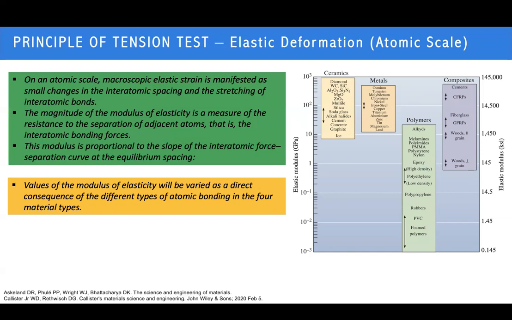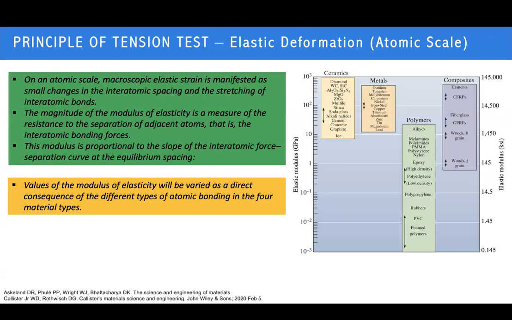That's why, if you want to stretch the bonding between two atoms, you have to give a high force, so they have a high Young's modulus. For metals, the bonding is metallic: the electrons are found in clouds around the metal ions, so they are a little easier to stretch compared with ceramics.